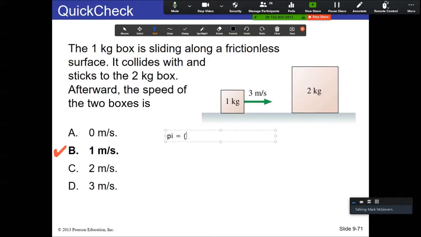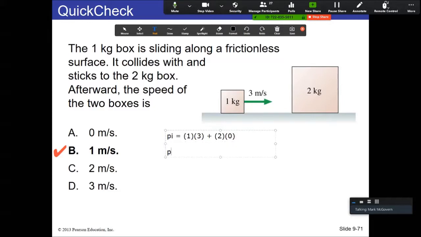So the initial momentum of this system is going to be 1 kilogram times 3. That's the first block. The second term is going to be 2 kilograms times 0, speed 0. Now it's important that you actually put that in there. It's something that you'll have to keep track of. It's 0 now, but it may not be 0 later, right?